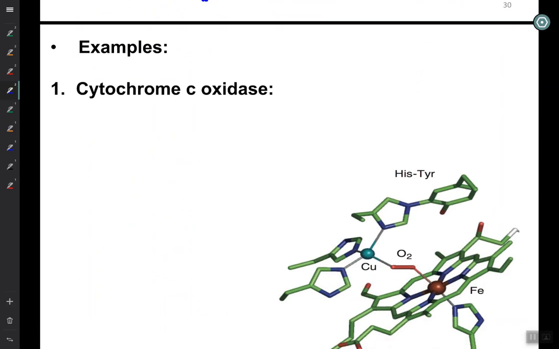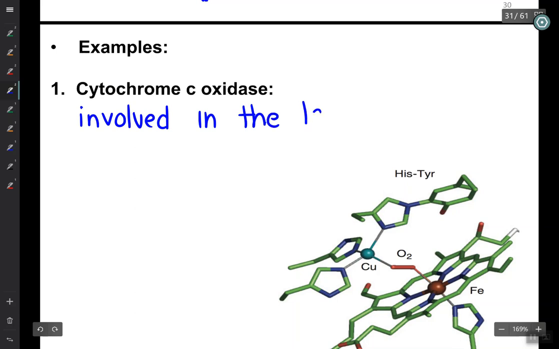One example is cytochrome oxidase. It is involved in the last step of the electron transfer process.